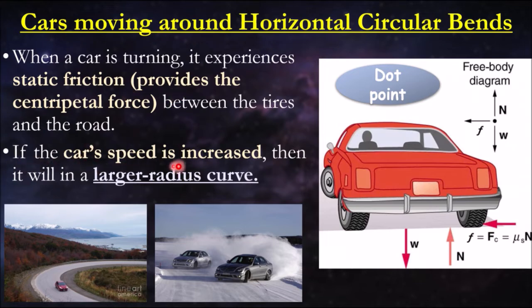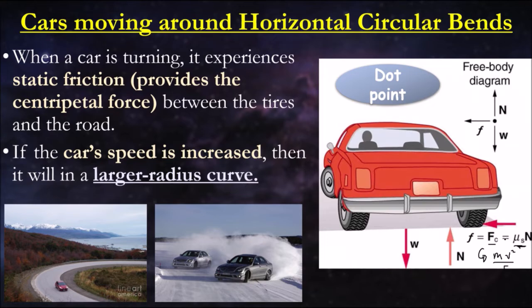So if the car's speed is increased, then it will need a larger radius curve. So let's do a quick analysis. Now, say for example, our centripetal force is contributed by the static friction it's trying to overcome. Now, what I mean by this bottom bit down here, if we increase the car's overall velocity, let's do this. So centripetal force is mv squared over r.